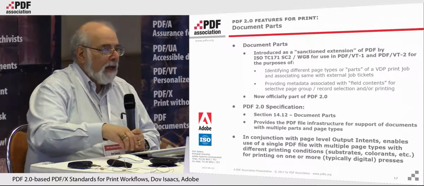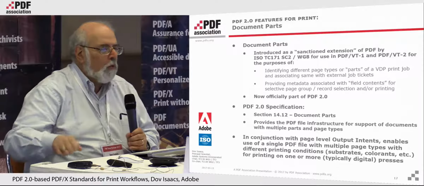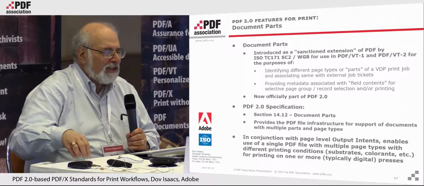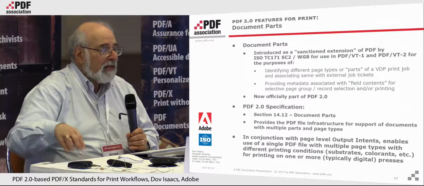Yeah, that goes to this printer on this size paper with these sorts of conditions. The text pages, that's a different type of paper pulled from tray 3 or whatever. But you don't want to put the device-dependent stuff in the PDF file. So this allows you to associate different types of pages with something that a job ticket would be able to shovel off to the right particular physical manifestation.